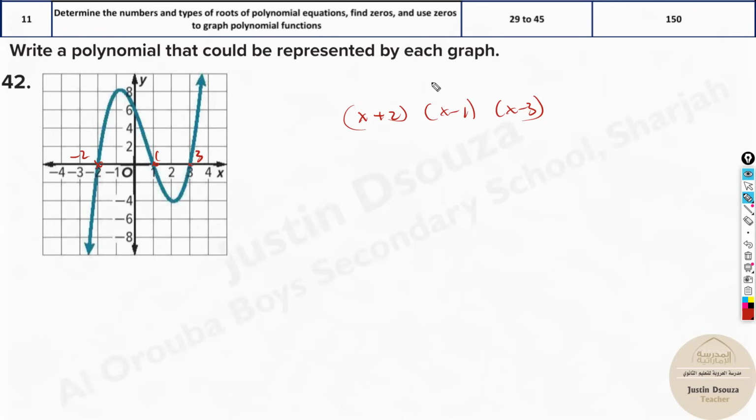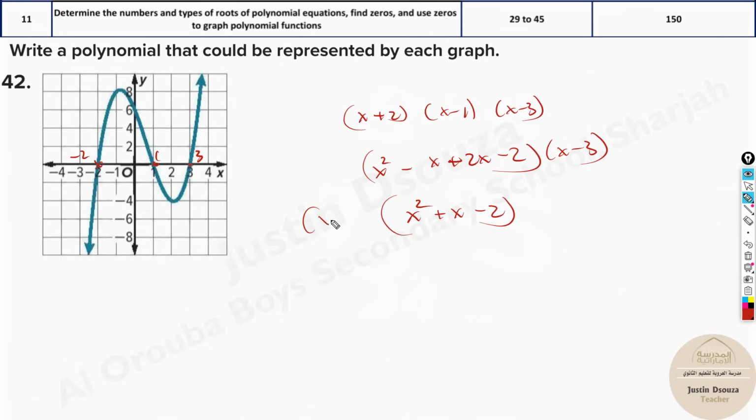And now multiply them. X squared minus x plus 2x minus 2, and x minus 3. Simplify this, it will be x squared plus x minus 2. You can write this first, it will be easier to multiply. Now we get x cubed plus x squared minus 2x minus 3x squared minus 3x plus 6.